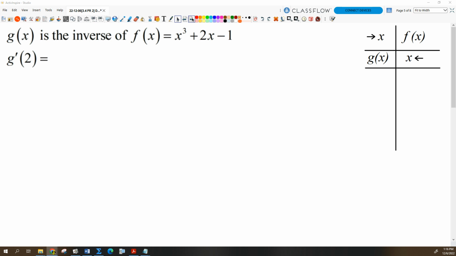But what if I were to rewrite this as y equals x cubed plus 2x minus 1? That's F, right? So if g of x is the inverse of that, how would I write g of x as an equation involving x's and y's?